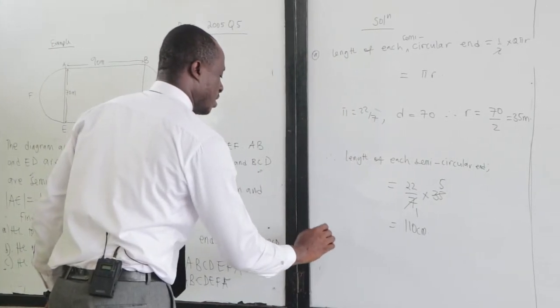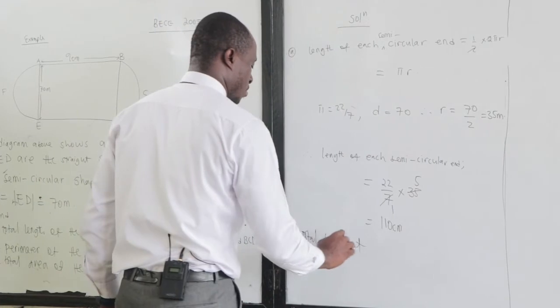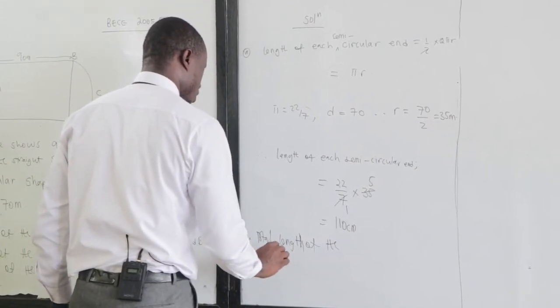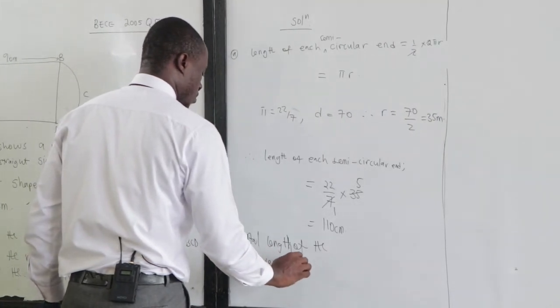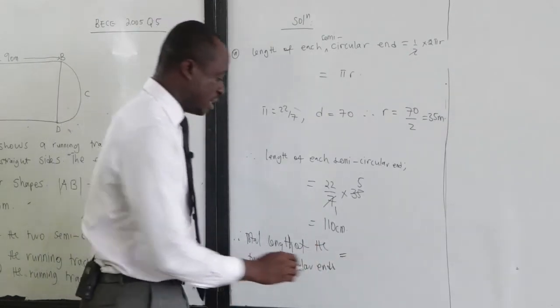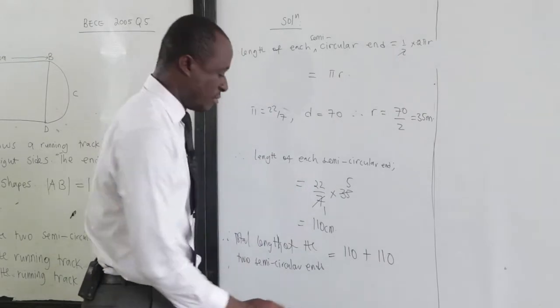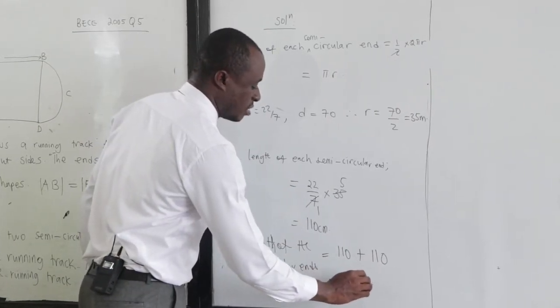Therefore, the total length of the two, because they are the same, we have 110 plus 110, and this will give us 220 meters.